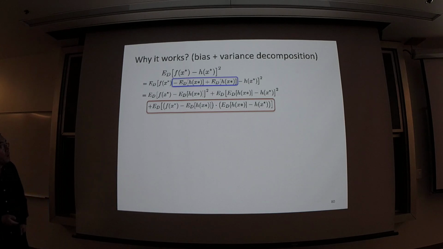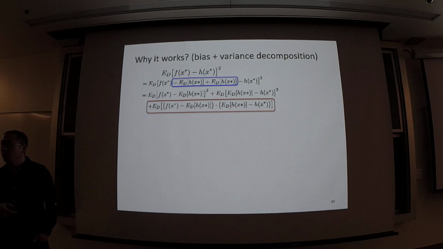To do this, inside this difference, the ground truth f(x star) subtracted by the prediction made by my learned classifier, I subtract the expectation of my prediction and add the expectation of my prediction, and then subtract h(x star). So this is totally equivalent, because I subtract one quantity and then add the same quantity, so they just cancel, right?